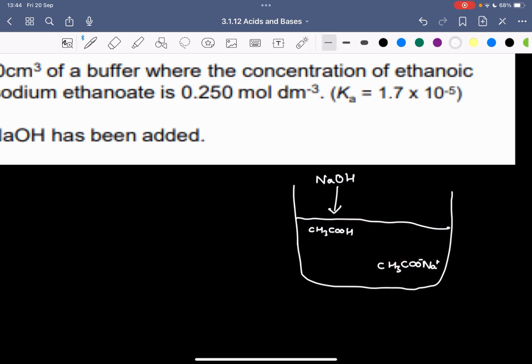Now when the base and the acid react, we know that the moles of acid is going to decrease, and since it's forming sodium ethanoate, we know that the moles of sodium ethanoate is going to increase, and therefore the moles of ethanoate ions are going to increase. So essentially we just need to find the moles of ethanoic acid and sodium ethanoate once they've reacted.